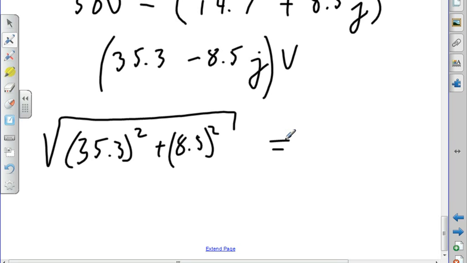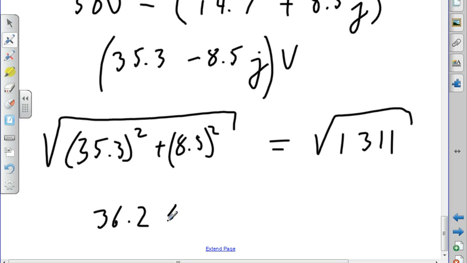Okay, so I want the square root of 1311. 36.2. 36.2 angle.